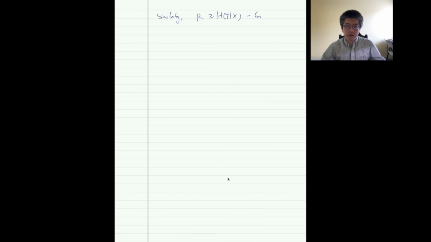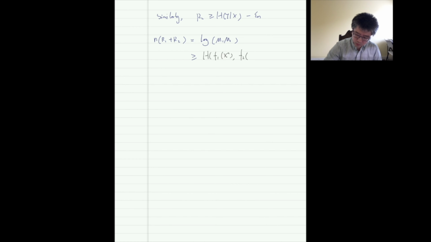Okay, so the last inequality we need to show is the last one, R1 plus R2. Again, the procedure is almost identical here. So n times (R1 plus R2), I want to lower bound that, right? That equals log(M1 M2), and clearly that is bigger than or equal to H(f1(X^n), f2(Y^n)), right?